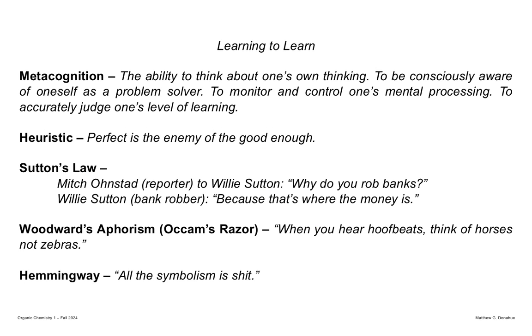So this is a slide I call learning to learn. And again, organic chemistry is very abstract, and you have to have this constant feedback cycle of how you're learning the material. Probably the most formal thing on here is called metacognition, and that is the ability to think about one's own thinking.